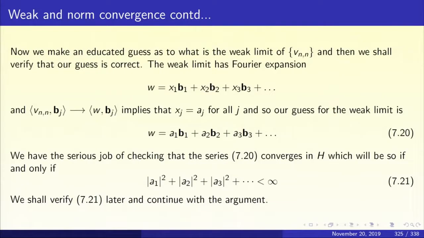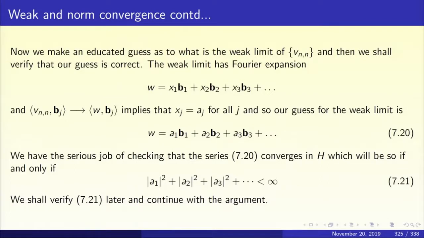Now that we have extracted the subsequence Vnn, the diagonal subsequence, we must guess what the weak limit is going to be. So we will make an educated guess as to what the weak limit is going to be, and we will prove that our guess is correct. The weak limit is a vector in the Hilbert space and we have an orthonormal basis. So let us express this weak limit W as x1 b1 plus x2 b2 plus x3 b3 plus dot dot dot. Now what do we know?